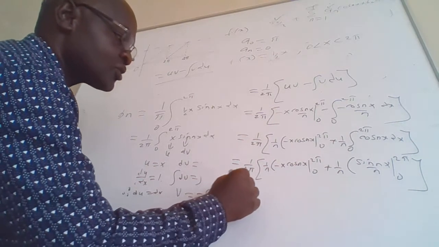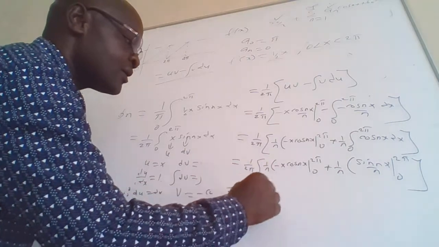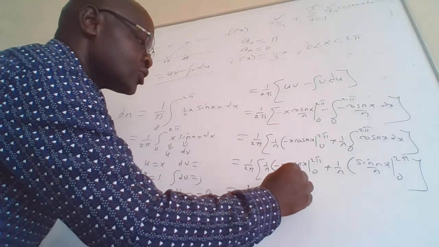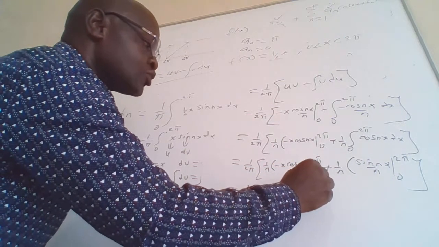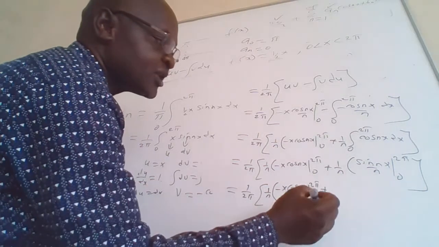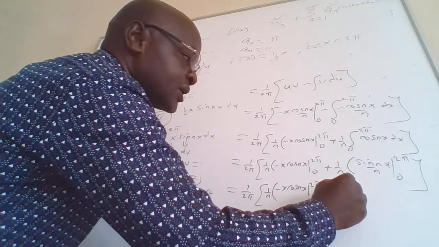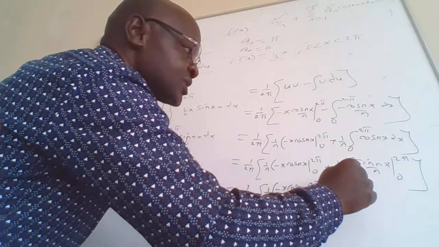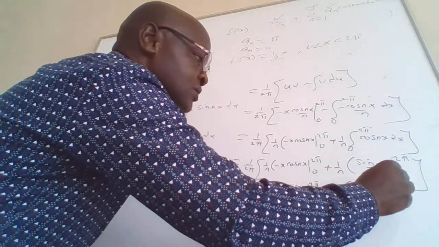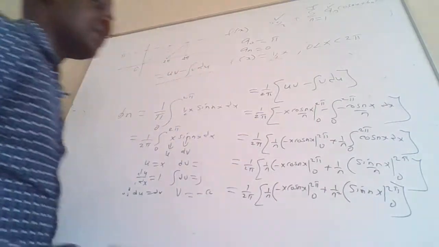So this equals to 1 all over 2 pi, 1 all over n into minus x cos nx, then plus, we take out 1 all over n and multiply, this will be 1 all over n squared into sine nx, like that.